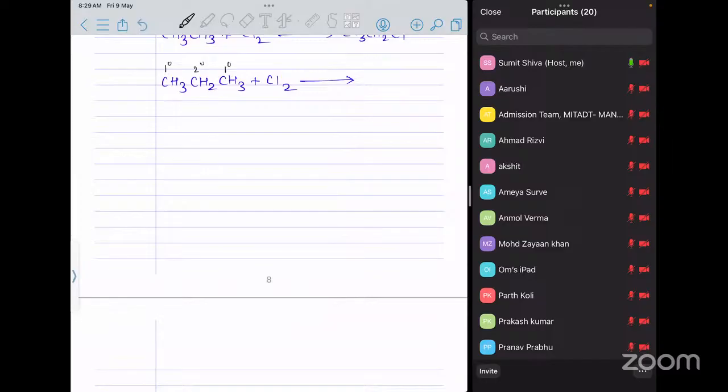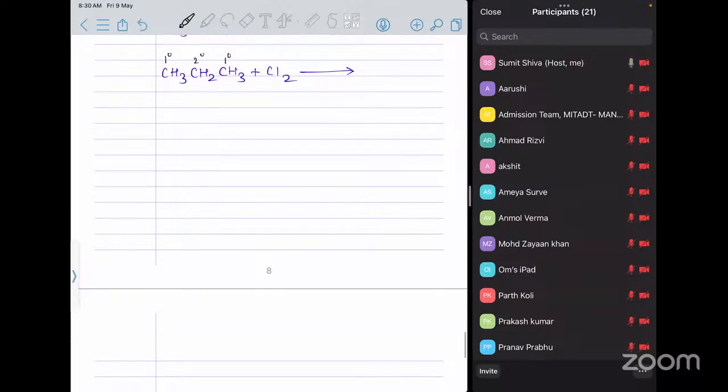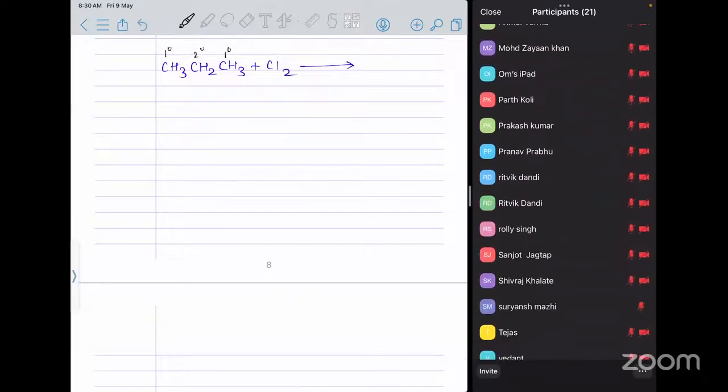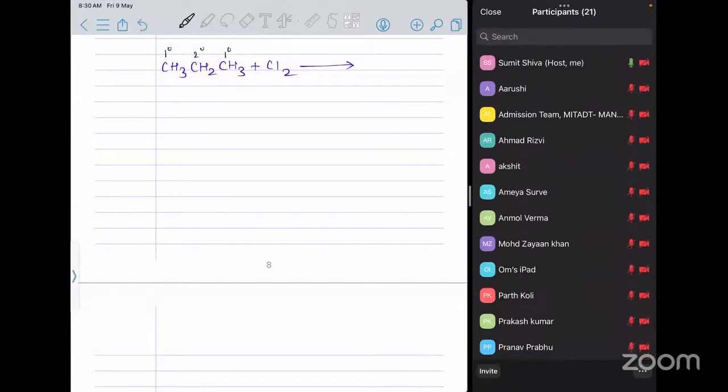Do you know the concept of degree of carbon? Yes, sir. Okay. How will you find out the degree of a carbon?